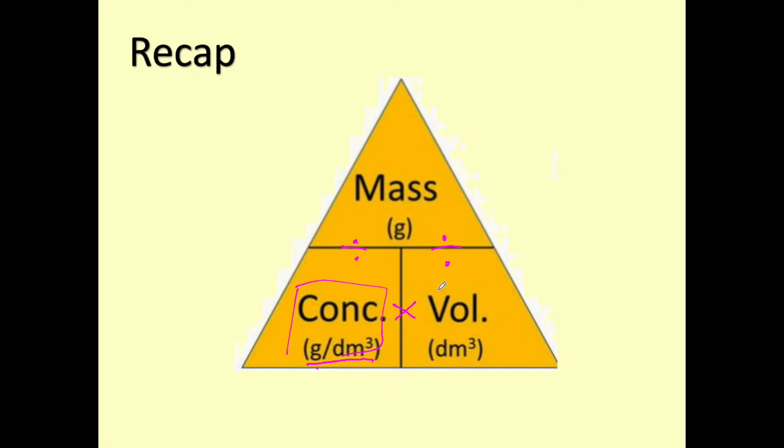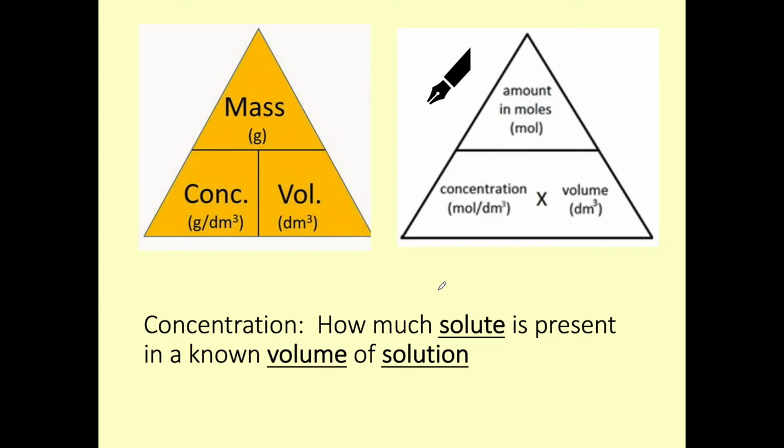But the way in which we define concentration generically is just the amount of solute present in a known volume of solution. So there is a different way we could look at how much of that substance has been dissolved, and that's by considering our amount in moles. So instead of doing our mass per volume, we can instead look at our moles per volume.